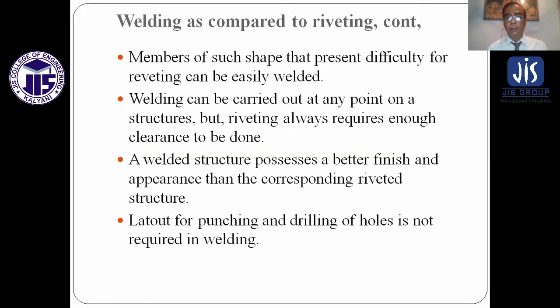Welding can be carried out at any point on a structure, but riveting always requires enough clearance to be done. A welded structure possesses a better finish and appearance than the corresponding riveted structure. Layout for punching and drilling of holes is not required in welding.